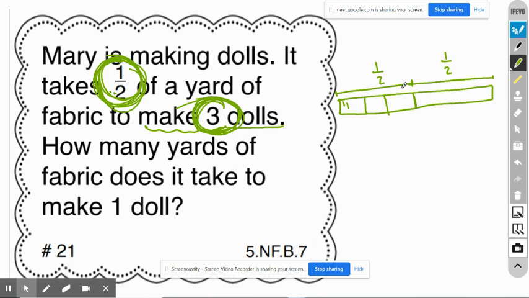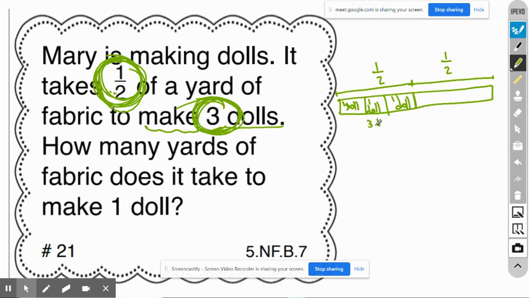No, one half is what you had. I know it's 1/3, but this 1/3 that you cut is for each doll. So here is gonna be for one doll, here is for another doll, here is for another doll. That's just the half yard.